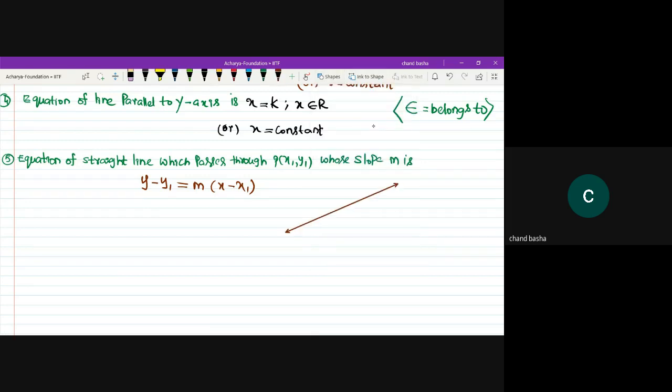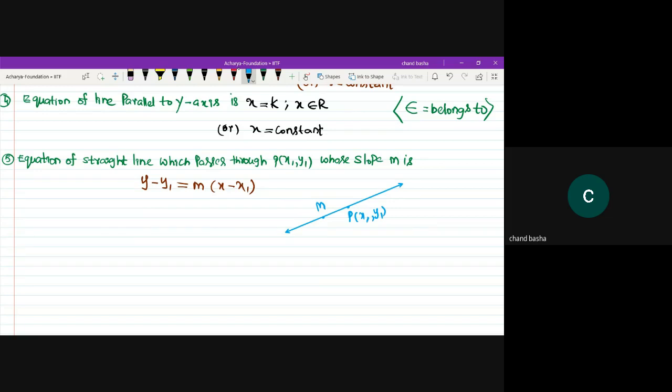So this is one line. The slope of this line is given to you, that is m, and the point is given somewhere else, that is x1, y1. What is the equation of the straight line? Only one point is given to you. In the previous class, we were finding the slope of the line joining two points.